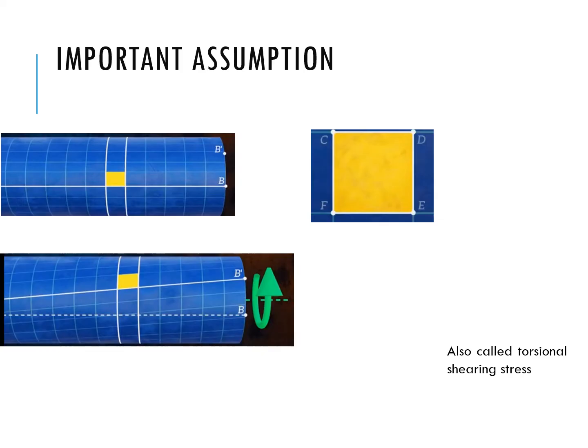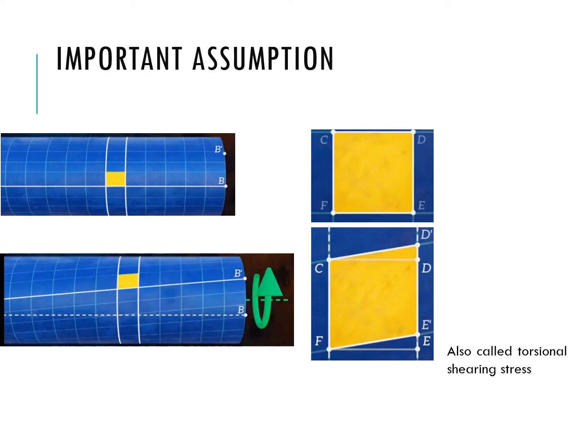For this assumption, we have assumed that one end of the shaft is fixed and the other end is free. You have performed this type of test while operating the torsional testing machine, in which one end of the shaft was fixed and on the other end you apply some known torque. So this is the torque applied, and the segment deformed like this, but still this segment remains plane, the area of the segment remains the same, only the shape moves a little bit, the point E moves to E dash and D to D dash.